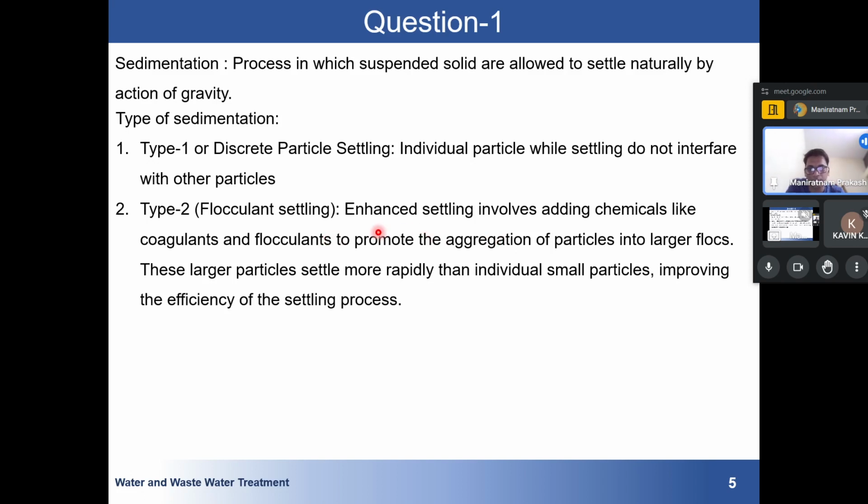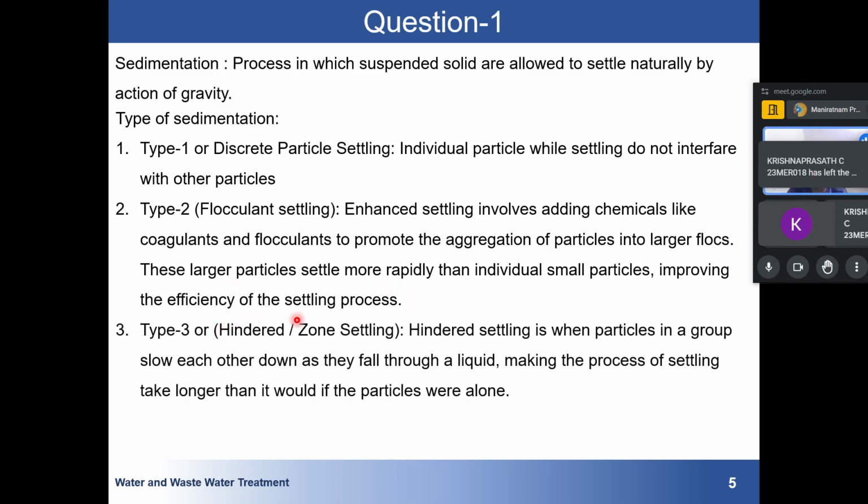If you read this statement, you can clearly see the enhanced settling involves adding chemicals like coagulants and flocculants to promote the aggregation of particles into larger flocs. Initially it was very small particles. Now due to agglomeration, the particles have turned into larger flocs, and these larger particles will settle down, and in that way the particles which were not able to settle down will be removed. This happens in another treatment unit.